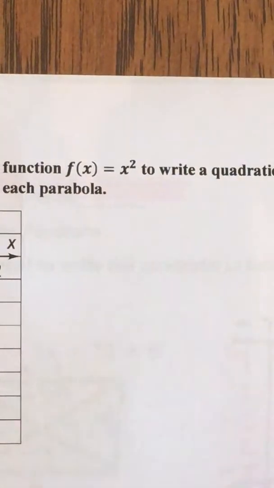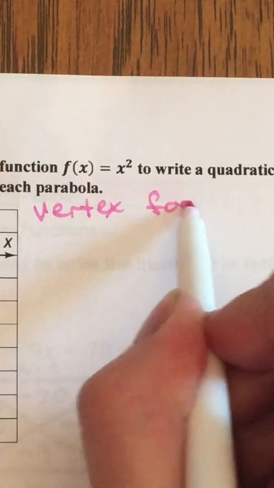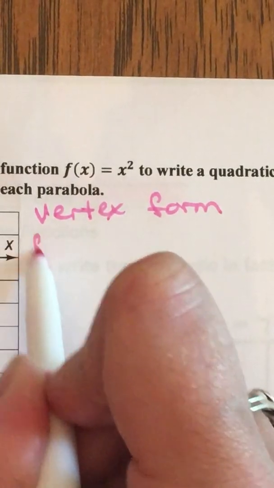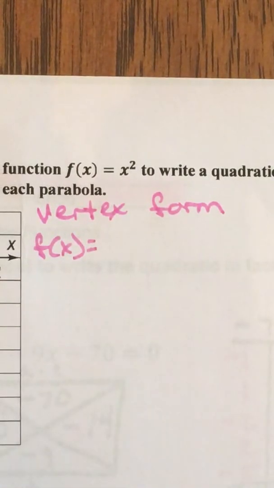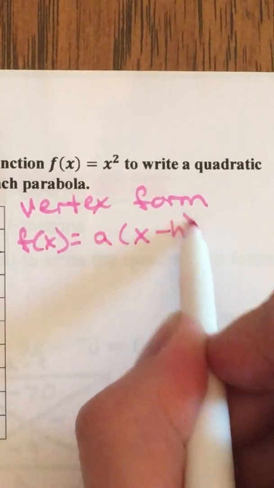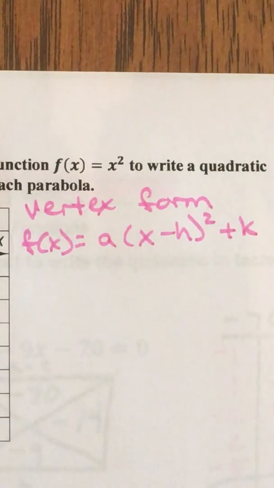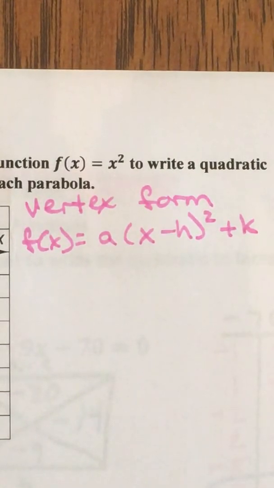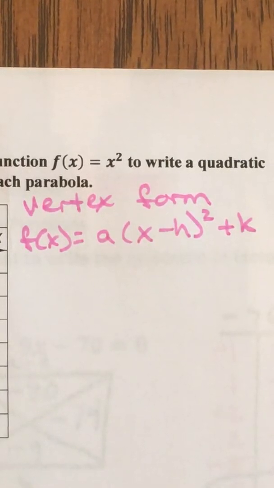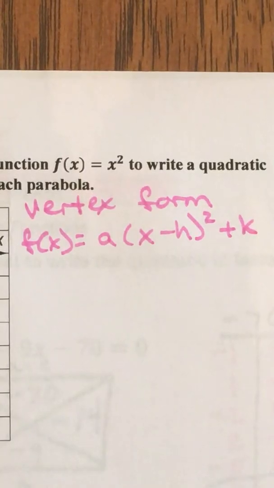Let's write that down. F of x equals a times x minus h squared plus k. So that means I need a vertex, and I also need a nice clean coordinate point to work with. Let's go find them.